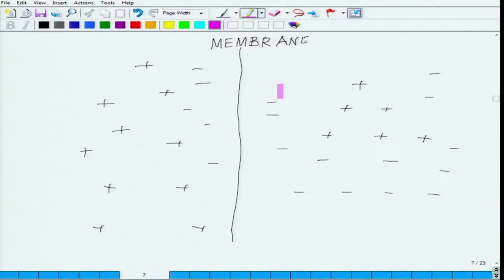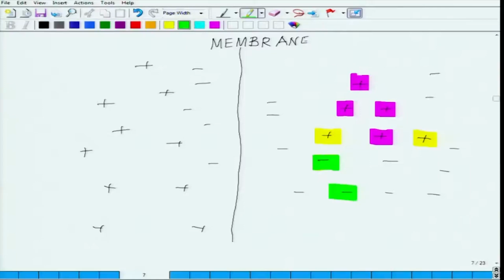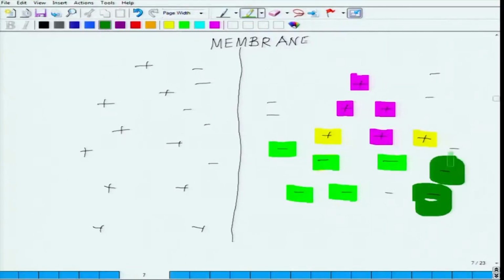Say, for example, this is sodium here, sodium here, sodium here, and this is potassium, and this is chloride, chloride, chloride, chloride. And then say these are the anions, the proteins.